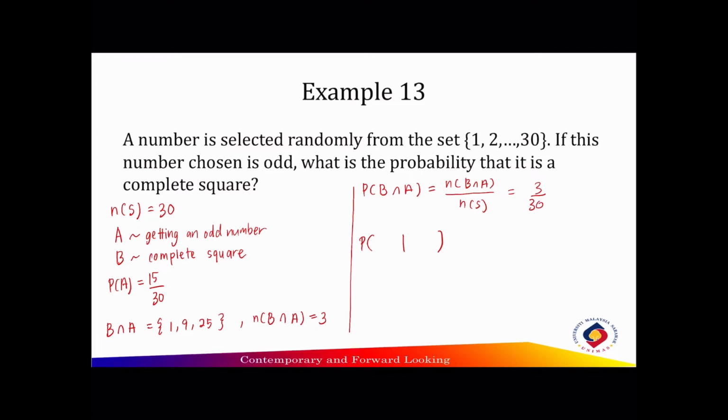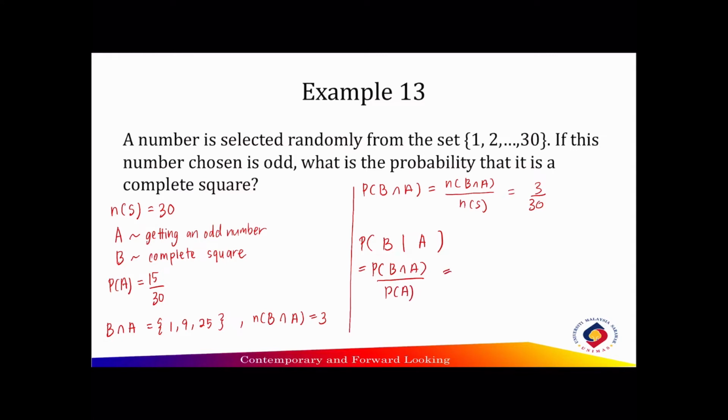In this case, it must be an odd number and then a complete square. So the odd number comes first, which is event A, and then the number is a complete square, which is event B. So we will use this formula, P(B given A), which is just P(B intersect A) over P(A).